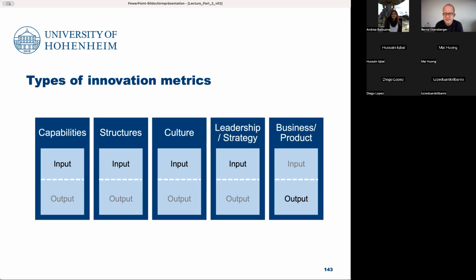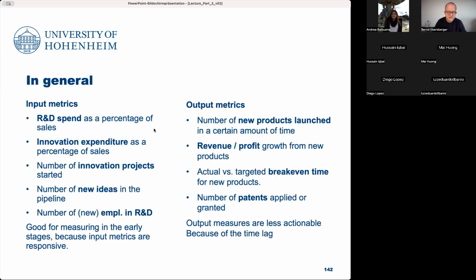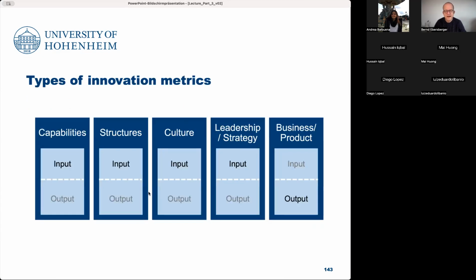You can capture the leadership and the strategy, and of course you can capture the business, the product, the processes, etc. And when you look at this diagram here, you would certainly identify that the capability, structure, culture, and leadership are most prominently captured by input metrics over here, and the business, the output, and the product are typically captured by output metrics.